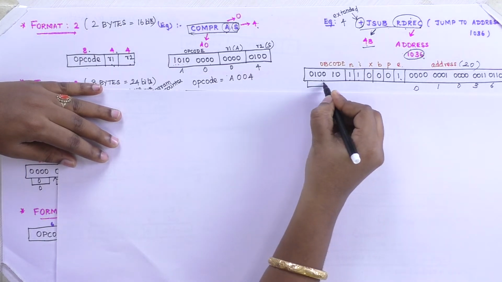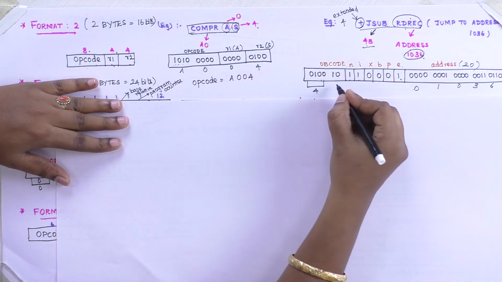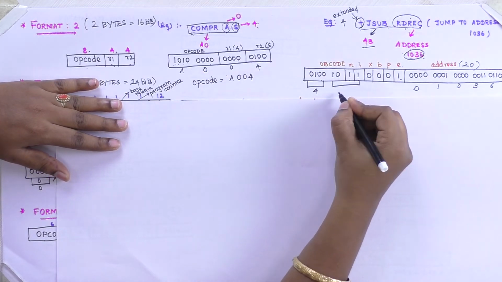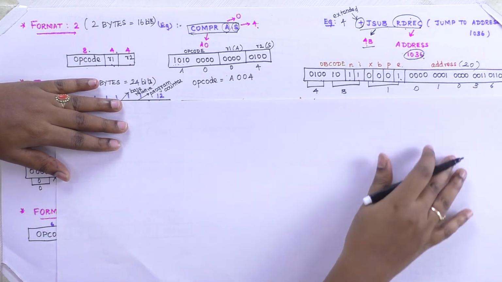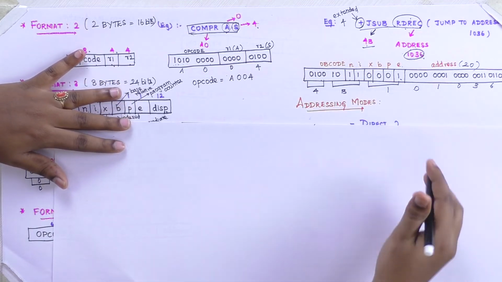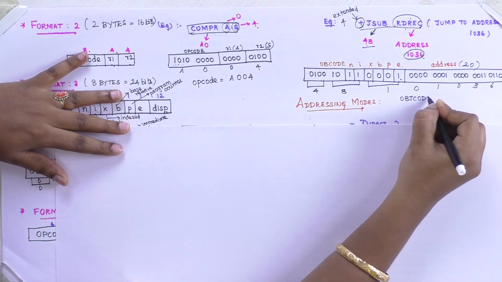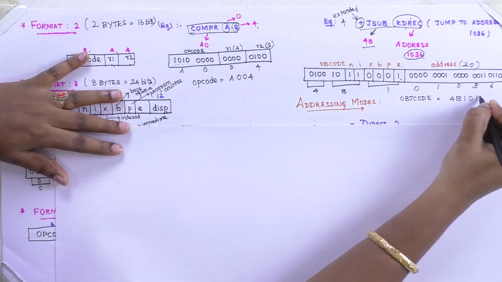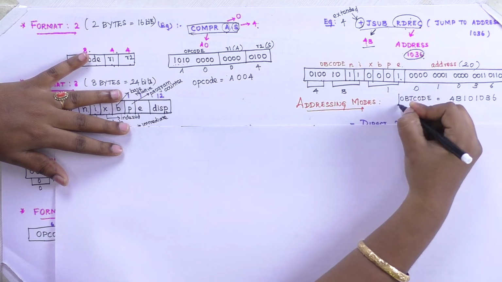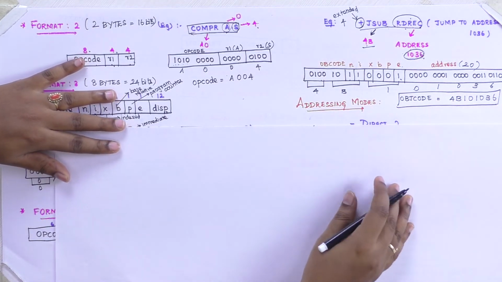So split it as 4, 4. So 0100 is 4, 1011 is B and 0001 is 1. So the final object code is 4B101036. So this is our final object code.